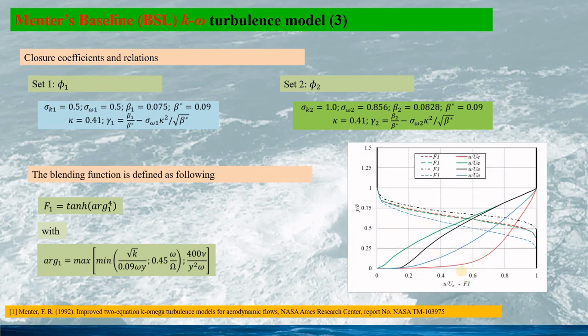For different boundary layers, we see here the solid lines due to the different adverse pressure gradients. The corresponding blending function F1 would be different. Here we can see that Menter's baseline model starts blending before half of the boundary layer thickness, or even starts at a quarter of the boundary layer thickness, the blue dashed line here.